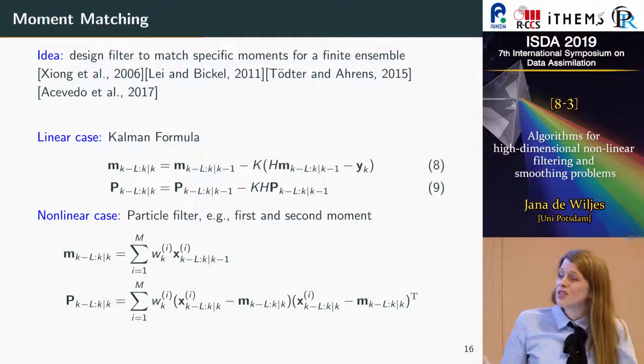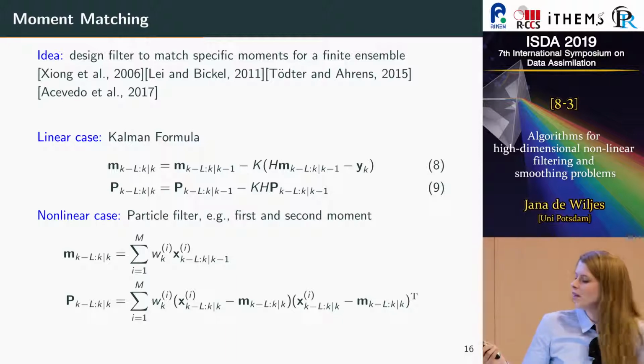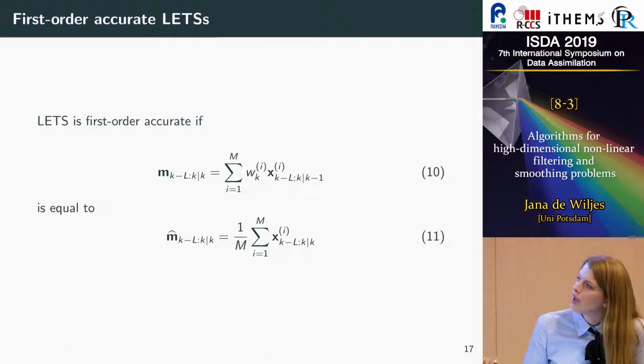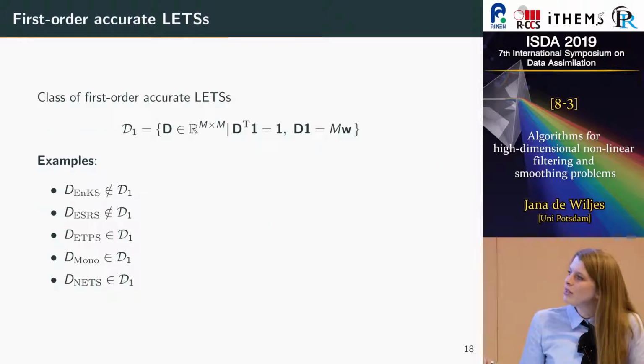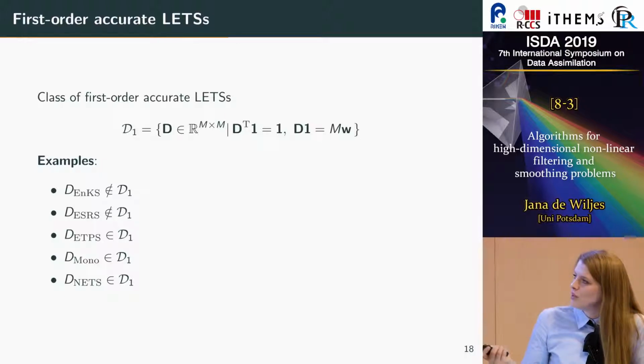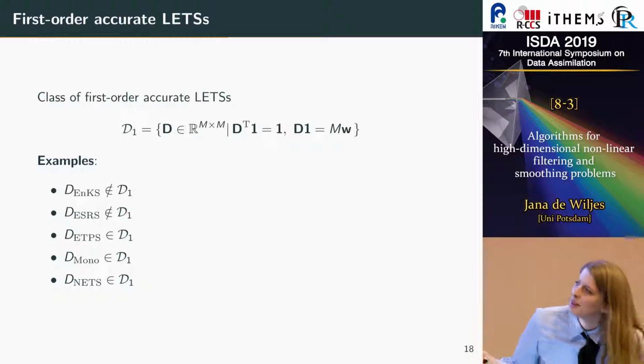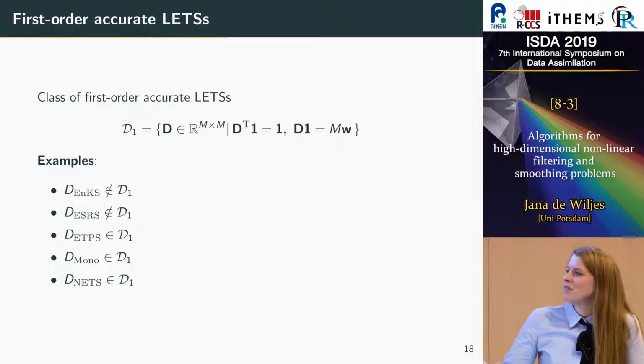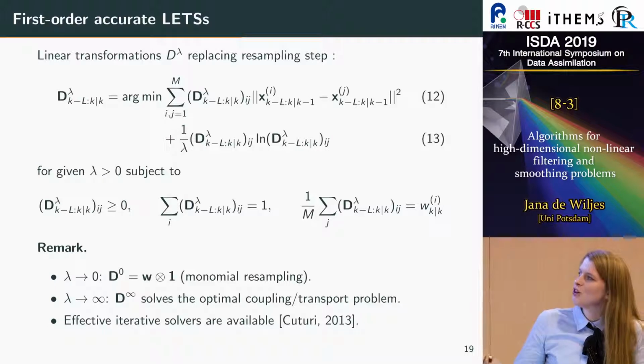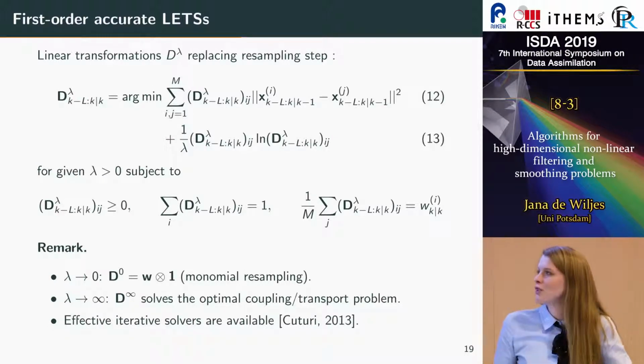That, of course, rules out several filters in my class, because I need the first moment to already be correct. So that rules out, in the nonlinear case, filters such as the Ensemble Kalman smoother or the Ensemble square root smoother. But it leaves actually the NETS and the ETPS and all the other ones you get when you solve the simpler approximation of the optimal transport problem.